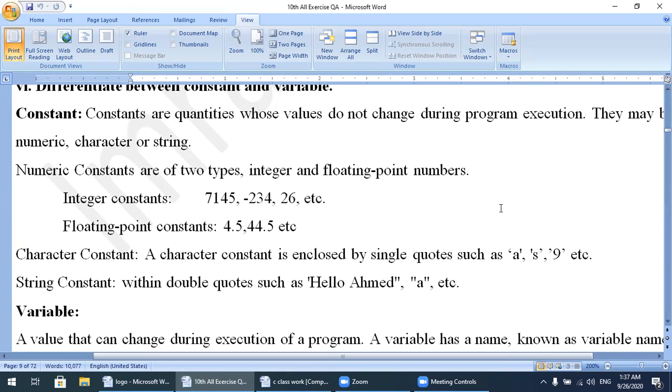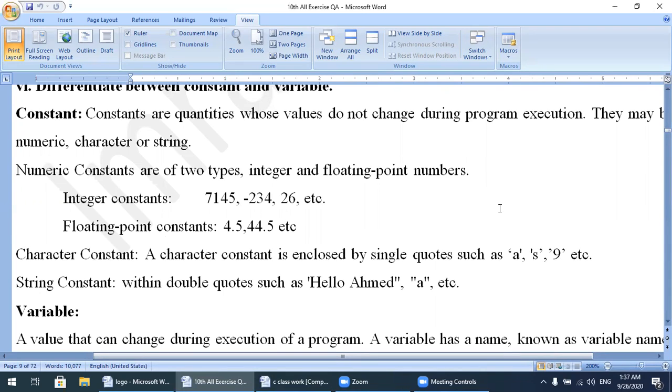Next is floating point constant. Floating point constants are, let's say, 4.5, 44.5, etc. Now, what is the difference between integer constant and floating point constant? An integer constant doesn't have any decimal point, but a floating point constant must have the decimal point to represent it.